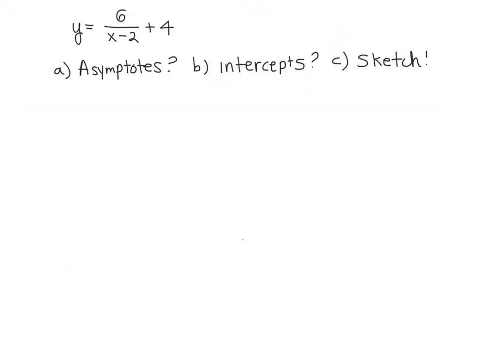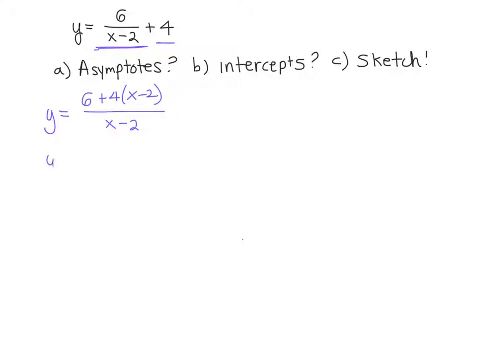Given y is equal to 6 over x minus 2 plus 4, find the asymptotes, intercepts, and finally sketch. We're given a fraction and then an integer, but is there a way that we can combine these two things together? Yes, of course. By finding a common denominator, y is equal to 6 plus 4 times x minus 2, all over x minus 2.